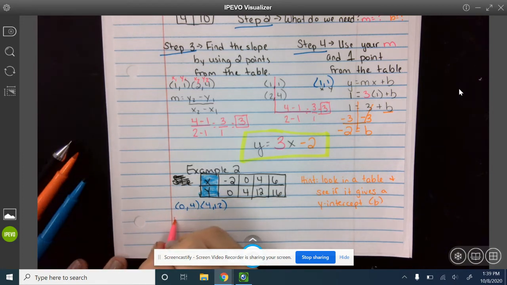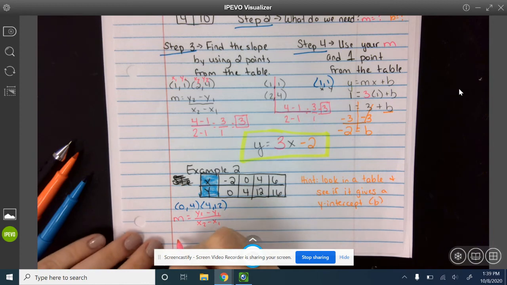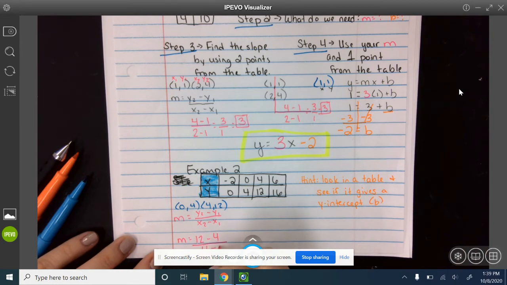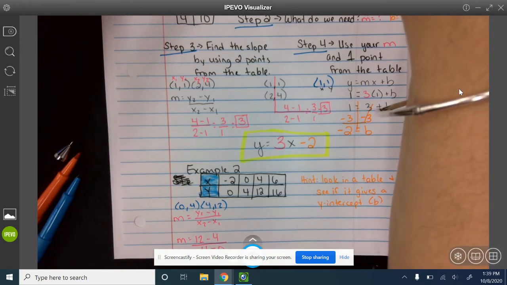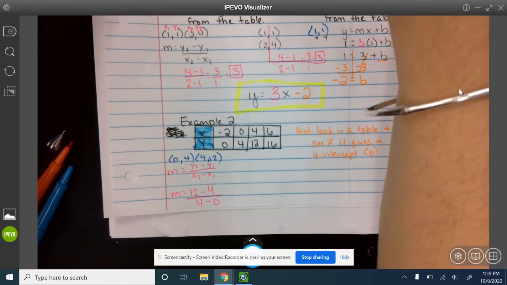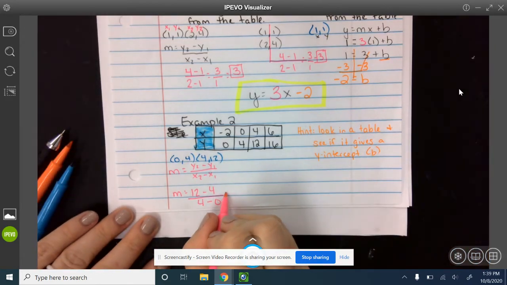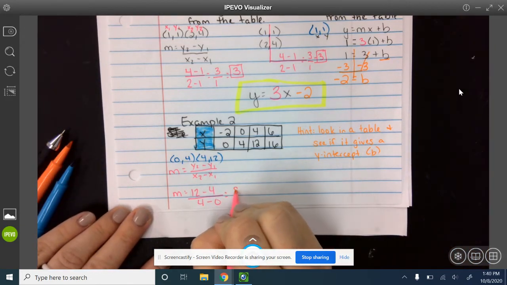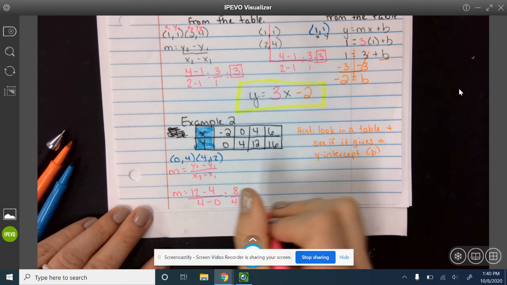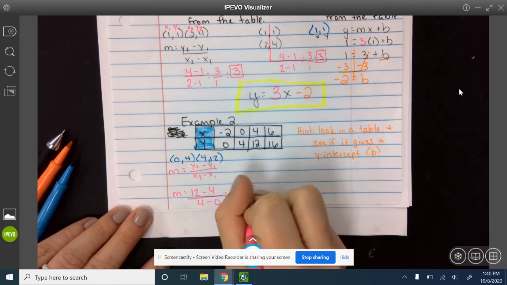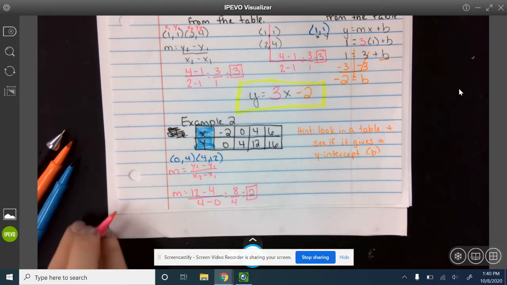When I plug in, I get m equals y2 minus y1 over x2 minus x1. So I plug in my numbers and I get 12 minus 4 over 4 minus 0. Slide it up so you can see it. 12 minus 4 is 8. 4 minus 0 is 4. 8 divided by 4 will simply be 2.